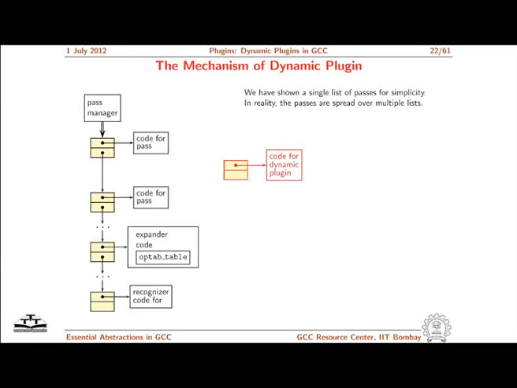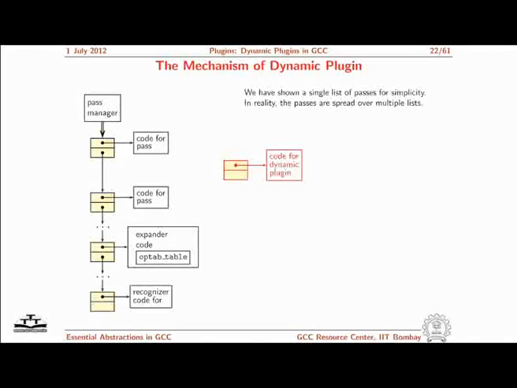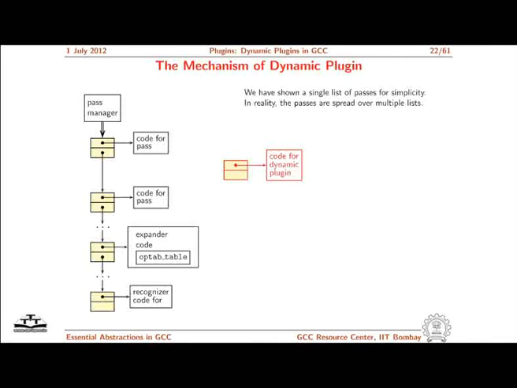So assume that we have this pass list which has been created, and I have already compiled it. Now I don't want to disturb it. I don't want to change this pointer and recompile the whole source. If I specify it as a static plugin, I will have to use next pass and this whole thing will have to be recompiled. But I don't want to do that. I have written my own pass data structure in a separate file, and I have compiled this file separately.